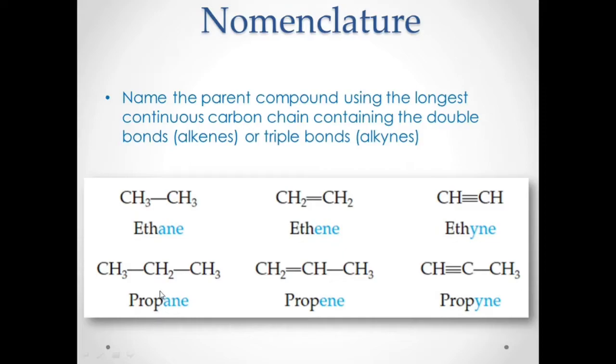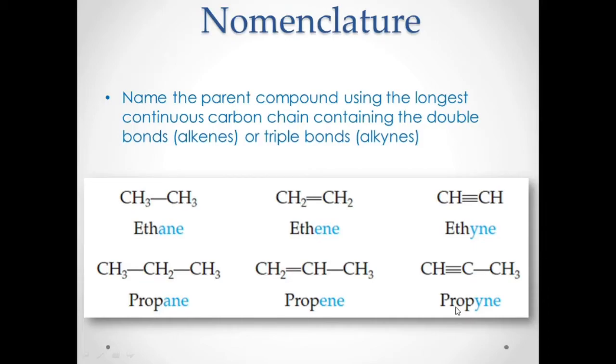Just like your propane. If it is an alkane, it is propane. If it is an alkene, it is propene. If it is an alkyne, it is propyne. And so on. If you have a four-carbon hydrocarbon, that would be butane.